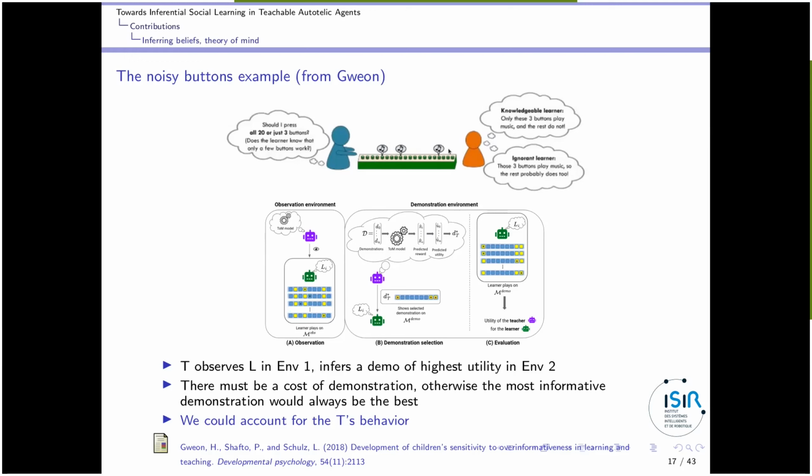One is showing how to use a toy to another learner infant. Okay, and the idea is that this toy has 20 buttons, but only 3 of the buttons are playing music when you press them. Okay, and what's interesting is that if the teacher infant does not know anything about the learner, it will press all the buttons so that the learner knows which are actually playing music.